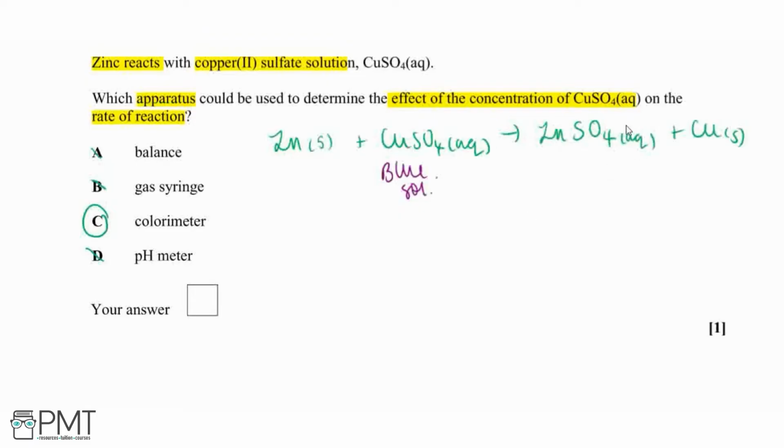Therefore, the zinc sulfate solution is actually just going to be colourless there. So what we will see as this reaction proceeds is we'll see the blue colour fading out. Therefore, the colorimeter will be the most appropriate piece of apparatus to determine the effect of concentration.